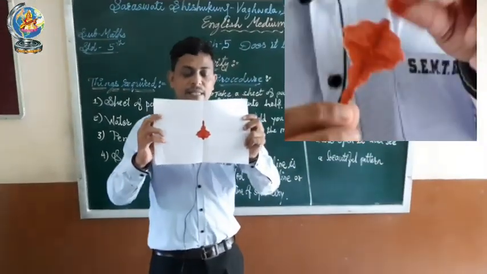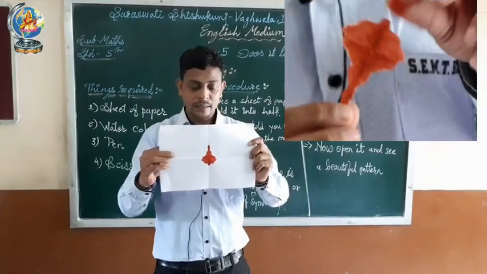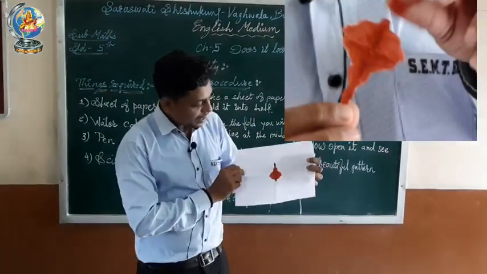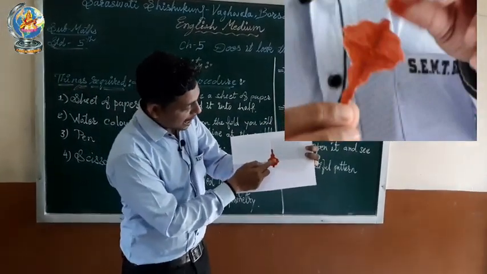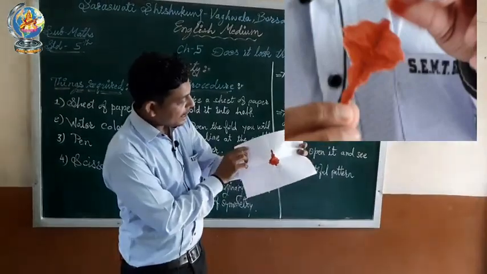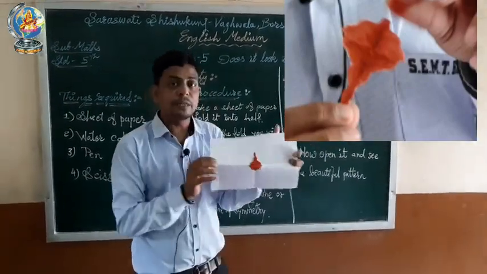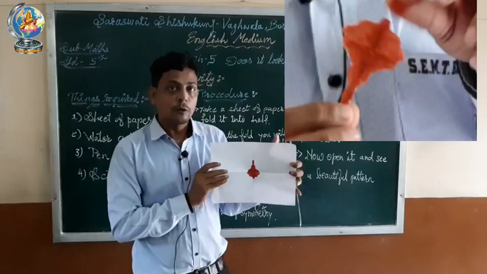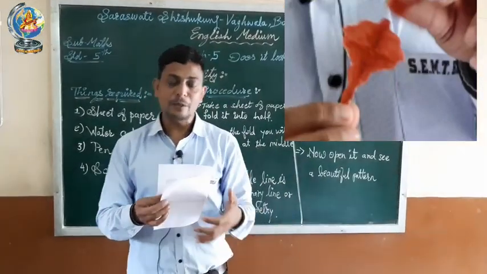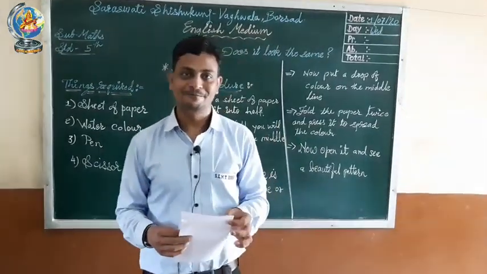You can see here this shape has two equal halves and the imaginary line separates the two equal halves. Hope you have understood this activity. You will also perform it at home.